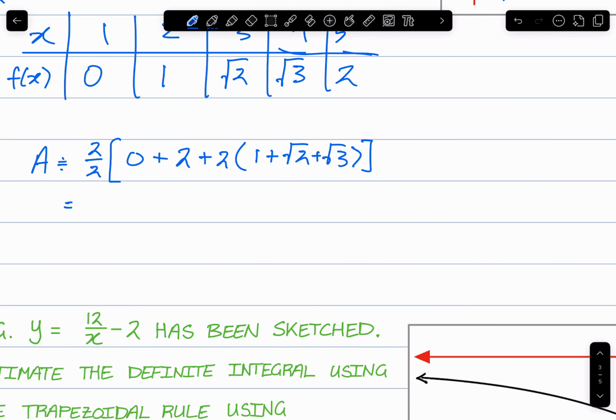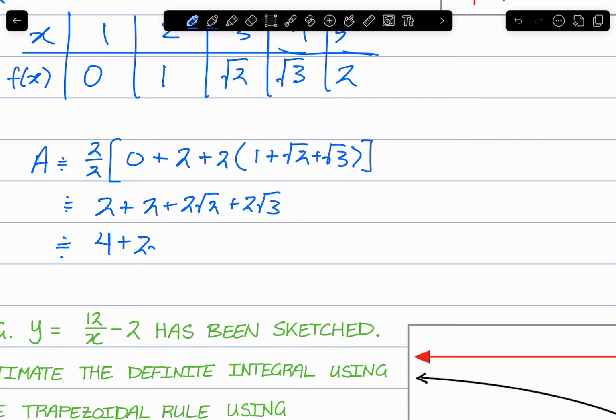So this is simply now going to be equal to, 2 on 2 is 1. This becomes 2 plus 2 root 2 plus 2 root 3, which is approximately 4 plus 2 root 2 plus 2 root 3.